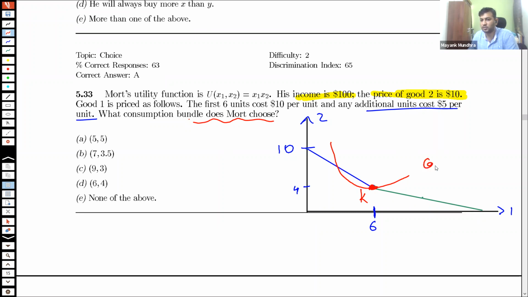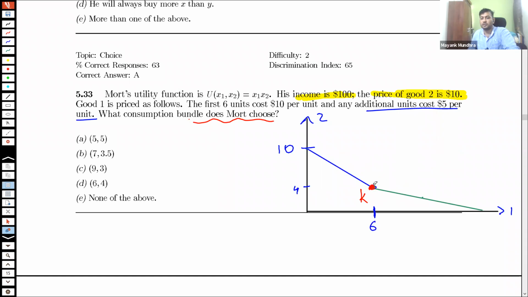This is case 1, which means there's going to be a higher indifference curve here, another tangency here. So this point is going to be a higher utility case. So if the IC through point K looks like case 1, then definitely this point cannot be the highest utility point.